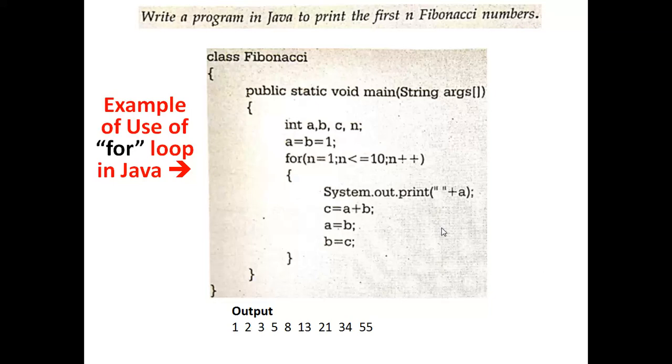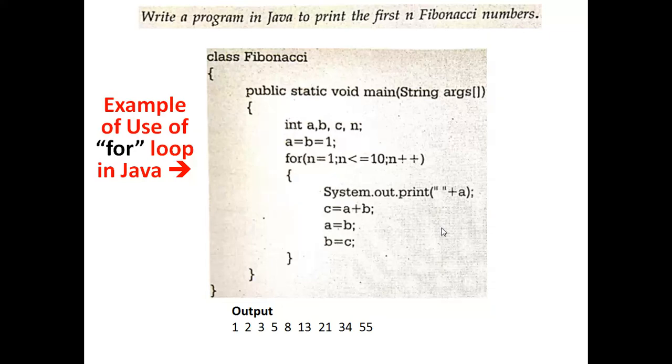Then we have written system.out.print, and the value of a will be printed. Then we are adding a and b, and putting the result into c. Then we are swapping the values. The value of b is put into a, and the value of c is put into b.